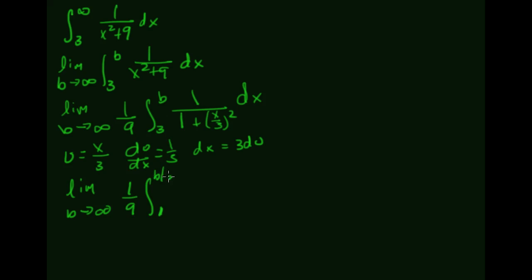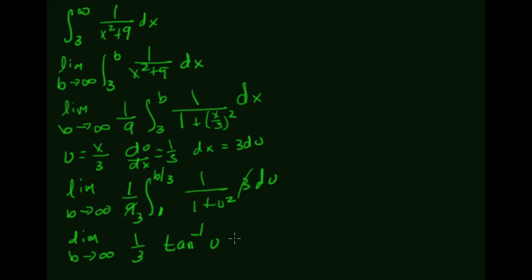This becomes b over 3. 1 over 1 plus u squared 3 du. The 3 and the 9 become a 1/3. So I end up with the limit as b approaches infinity of 1/3 the inverse tangent of u from 1 to b over 3.